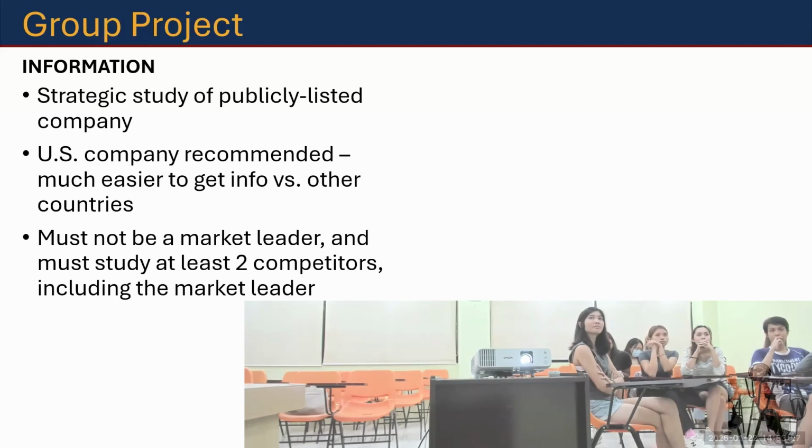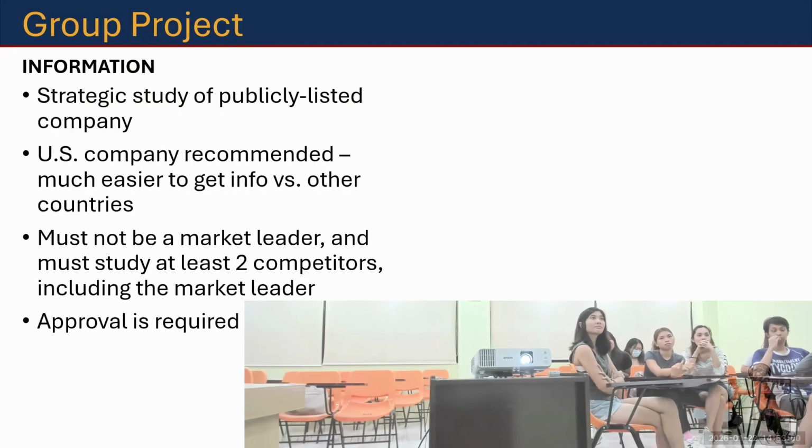Meaning, you can study Jollibee, but not as the focus. You can study, let's say, Shakey's Pizza, for example, and one of your competitors might be Jollibee. That's okay. It has to include the market leader, but your company cannot be a market leader.